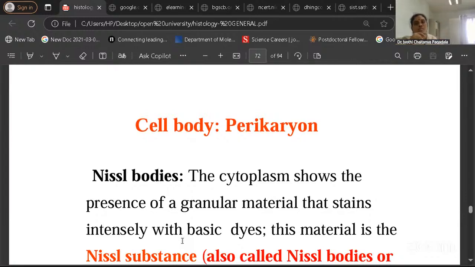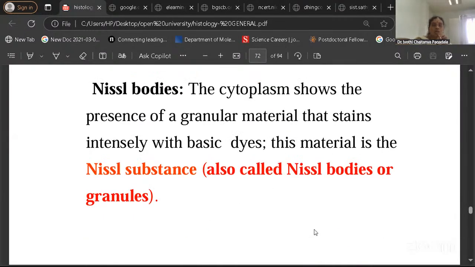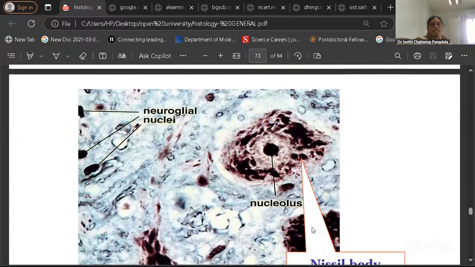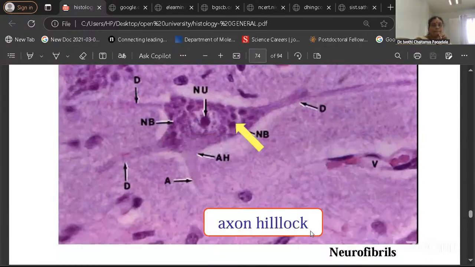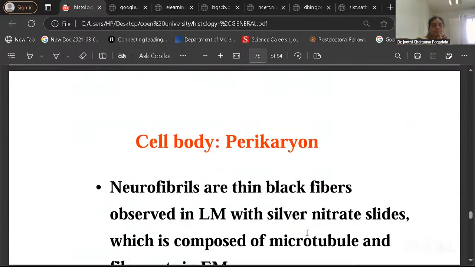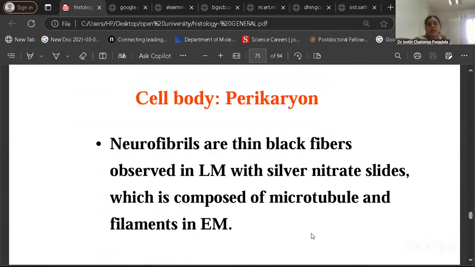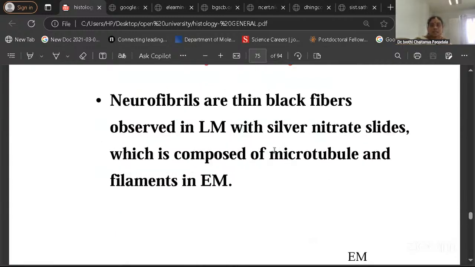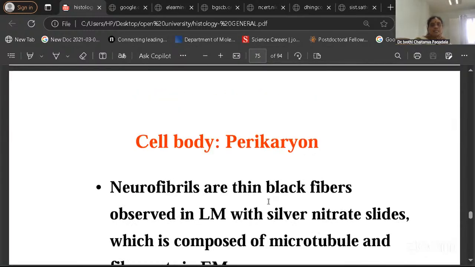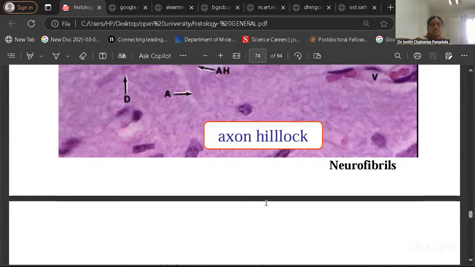The cytoplasm shows the presence of granular material that stains intensely with basic dyes. This material is the Nissl substance, also called Nissl body or Nissl granule. And the neurofibrils you can see are thin black fibers under LM with silver nitrate staining, composed of microtubules and filaments in the electron microscope.